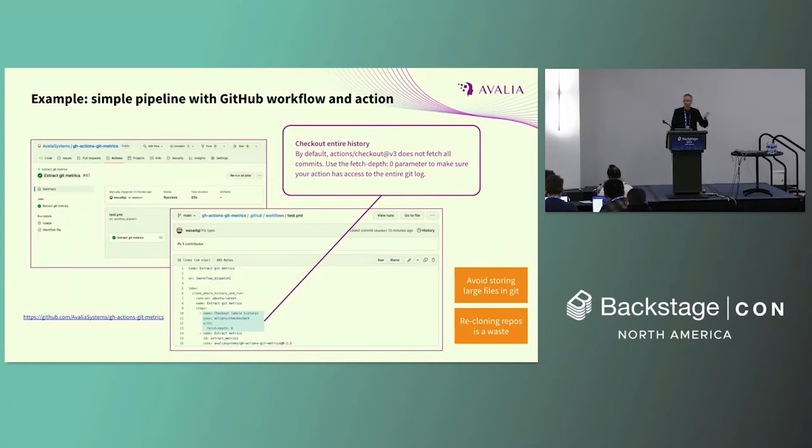An easy evolution on that pattern is to use a bucket, a cloud storage bucket. So it's very similar to what is done with the TechDocs recommended architecture, where you build the documentation in the CI pipeline and you push the outcome in S3 or in other cloud storage.